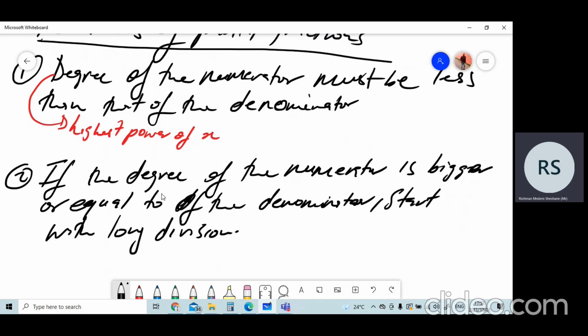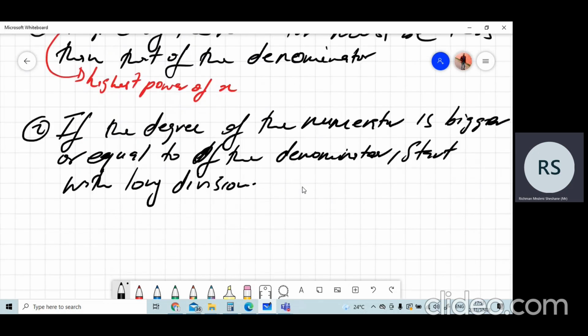So if the highest power of the numerator is greater than the highest power of the denominator, or it's equal to it, then start with the long division. Okay, you'll see an example involving this rule.